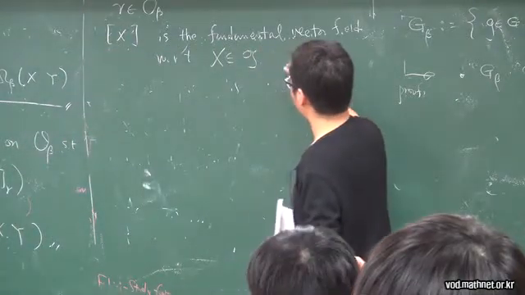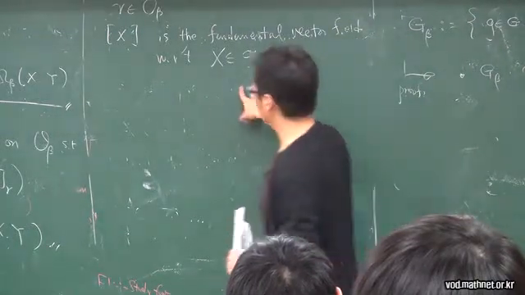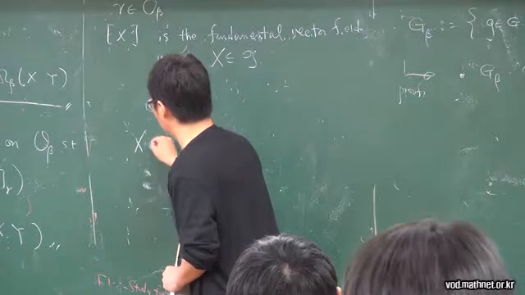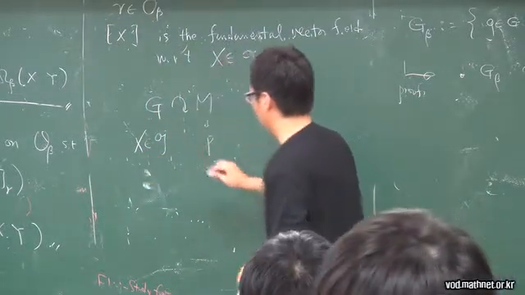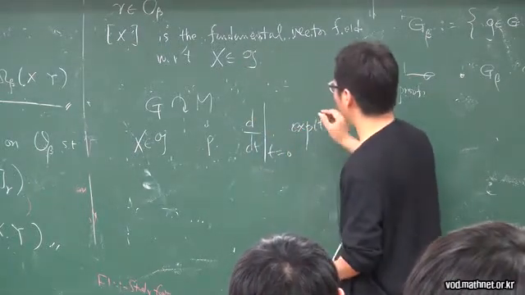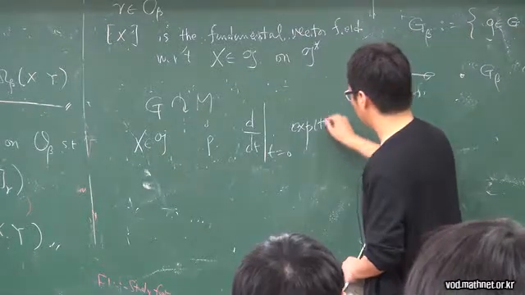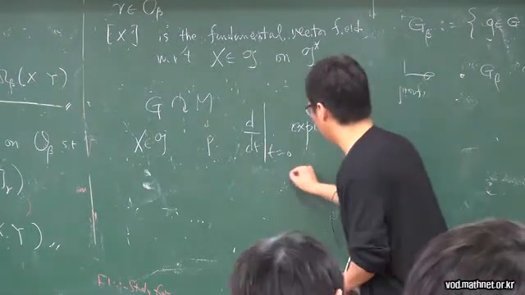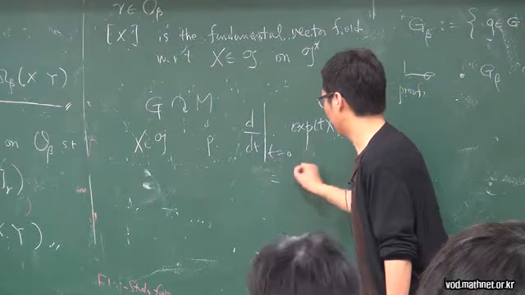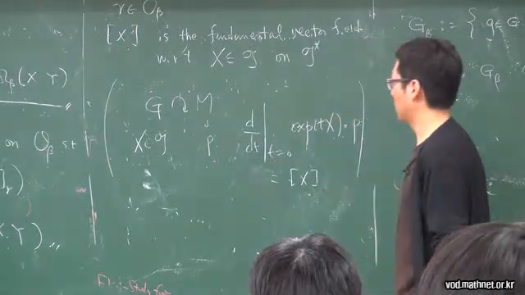Let G act on M. If we take an element X of the Lie algebra and pick a point, then this is the fundamental vector field on g star, because G is acting by the coadjoint action.